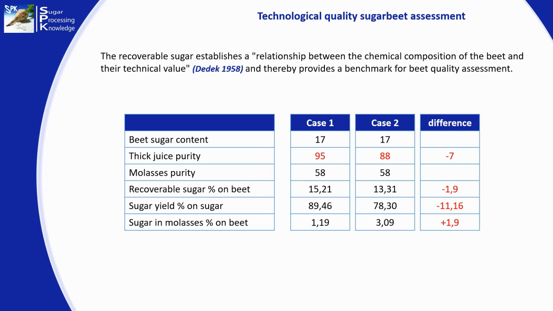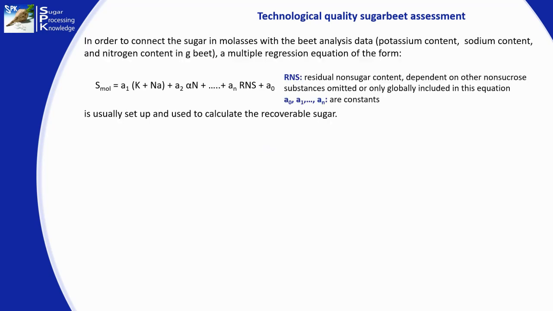In order to calculate the extracted sugar, it would first be necessary to calculate the molasses sugar. Therefore, several studies have been carried out to relate the different molasses compounds in beet to molasses sugar with multiple regressions depending on potassium, sodium, alpha-amino-nitrogen, and other residual non-sugars.